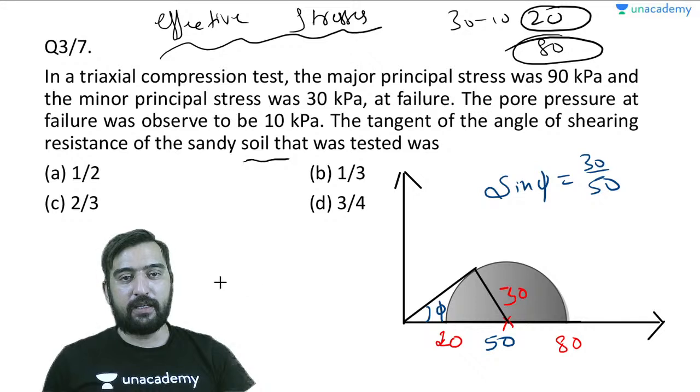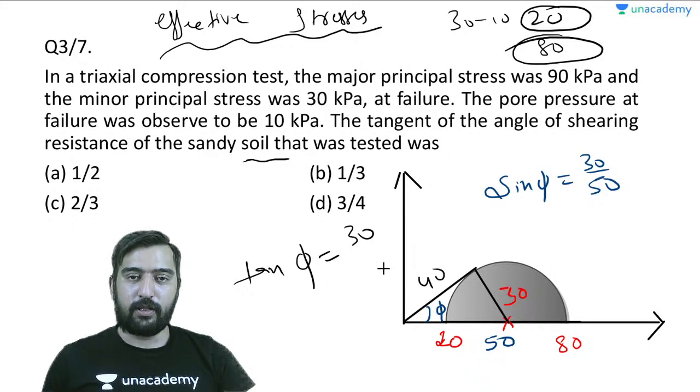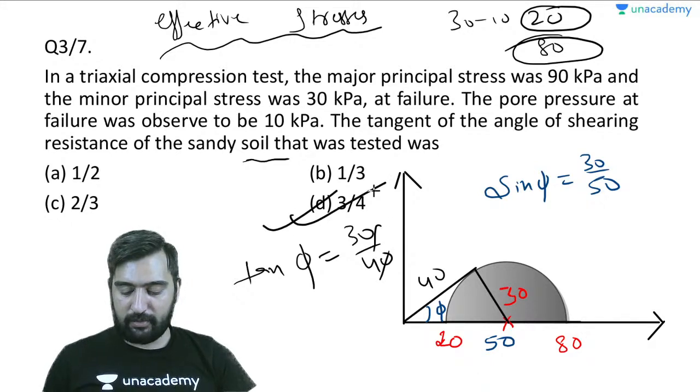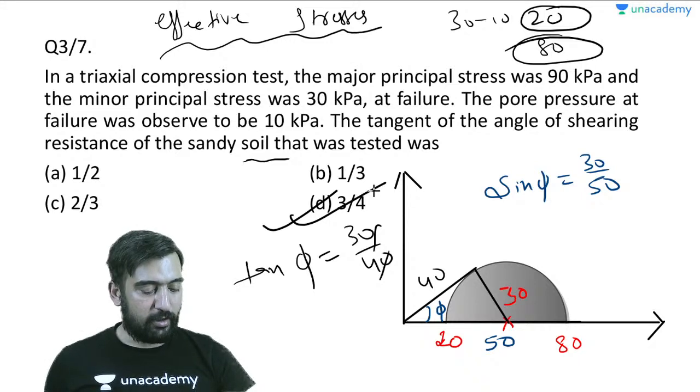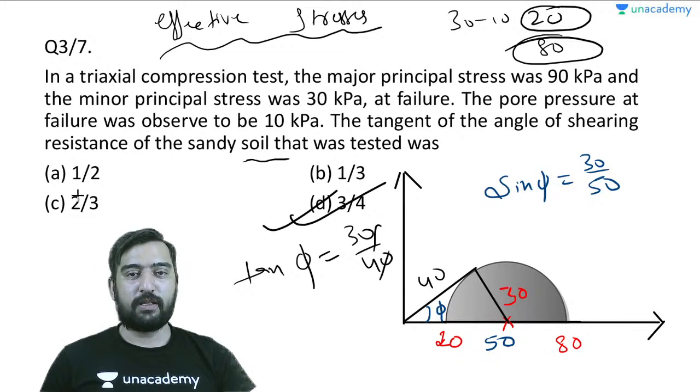But we have to find the tangent here. So how much is it going to be? P upon B. So 30, and this is 40. So it is going to be option number D. Yes, Rituraj, very good. Good, Archana. So this is going to be the case here.